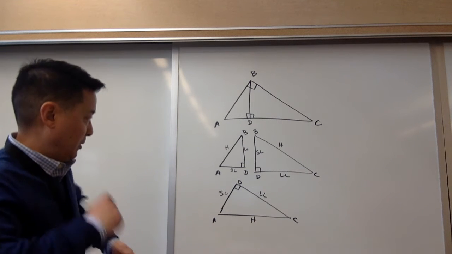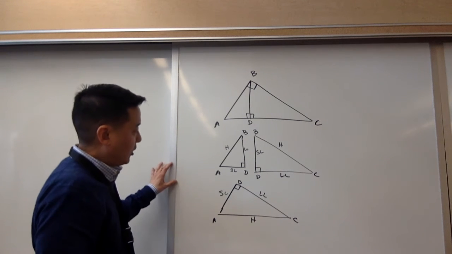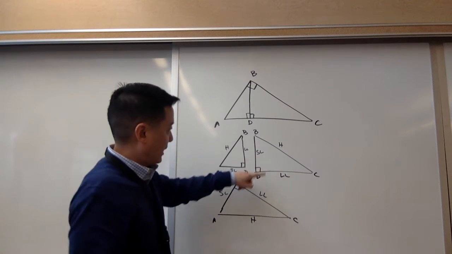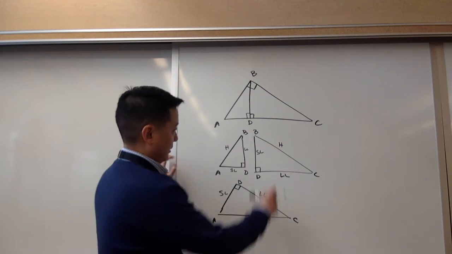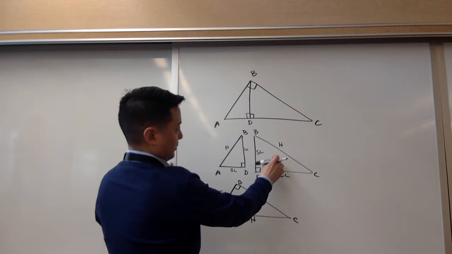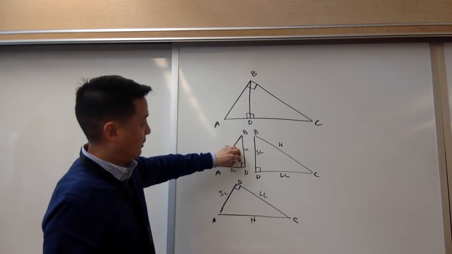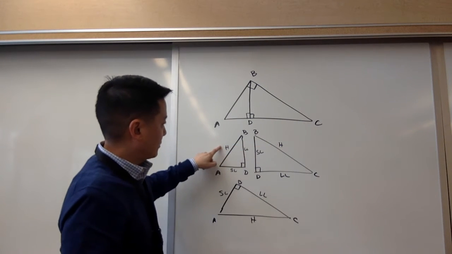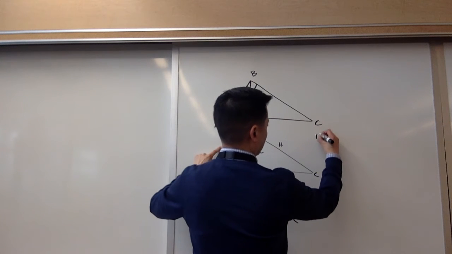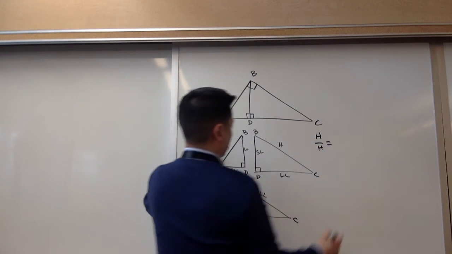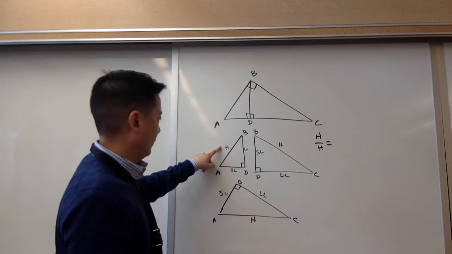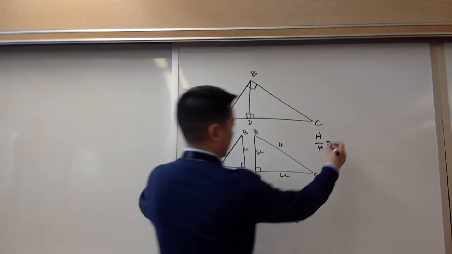So for example, if we want to compare the medium triangle and the smallest triangle, let's say that the hypotenuse over the hypotenuse is equal to, oh, I don't know, let's go short leg over short leg.